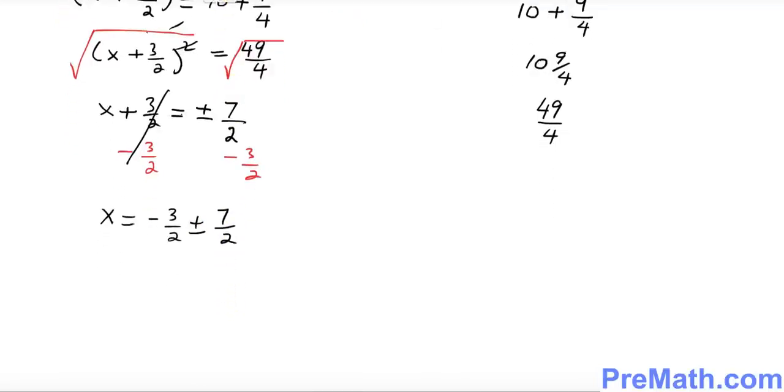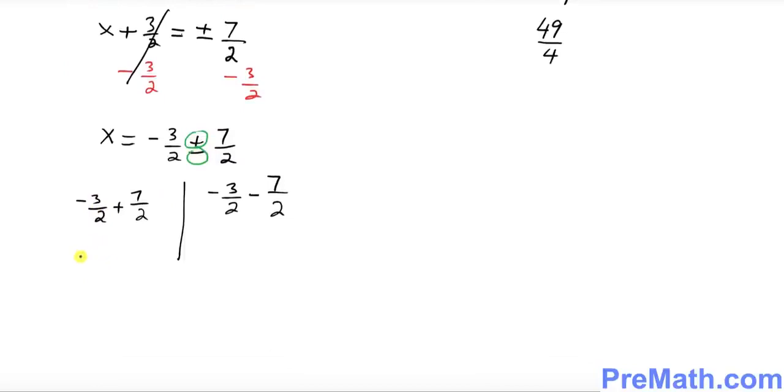Now let's go ahead and split these signs up. So I can write negative 3 over 2 plus 7 over 2 with a positive sign, and negative 3 over 2 minus 7 over 2 with a negative sign. Let's simplify this one over here. Our common denominator is 2. Negative 3 plus 7 is going to be 4 over 2, so x turns out to be 2.